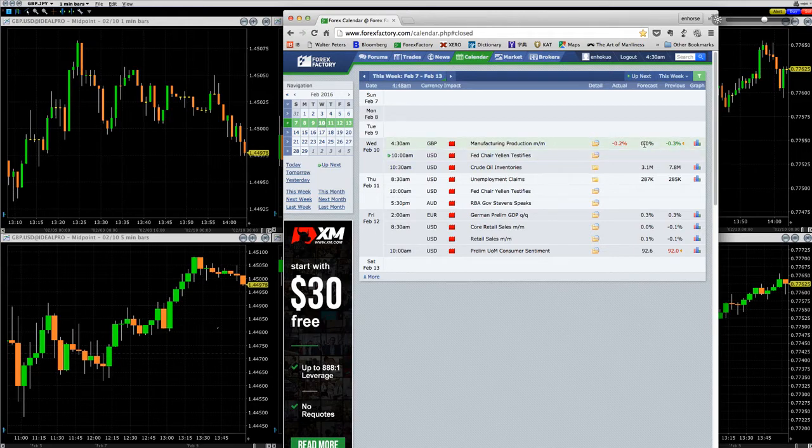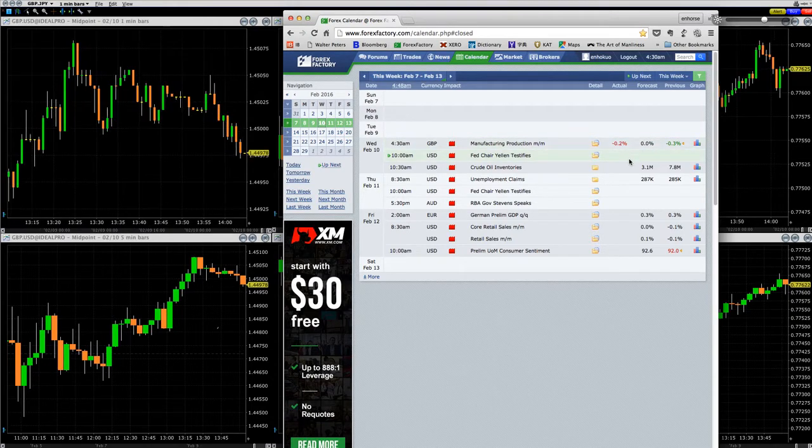For example, if the forecast is 0%, then 0.1 or negative 0.1 is almost 10% difference. If you have 0.2 or negative 0.2, you have 20% difference. In today's case, we have 20% difference, which is actually great, because the larger the difference, the bigger the surprise that the crowd will react to in the market, and that's what we want.